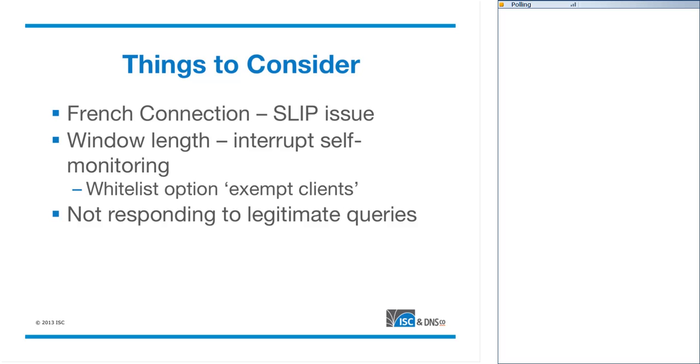They advocate that instead of doing a slip of 2, you do a slip of 1, because what they are proposing is that implementing RRL will basically expose timing, so that attackers could go in and cache poison. Their theory is that if you implement RRL, it exposes you more to cache poisoning. If you're sending a truncated response, that gives an attacker extra time before they can try to send a TCP connection to flood.